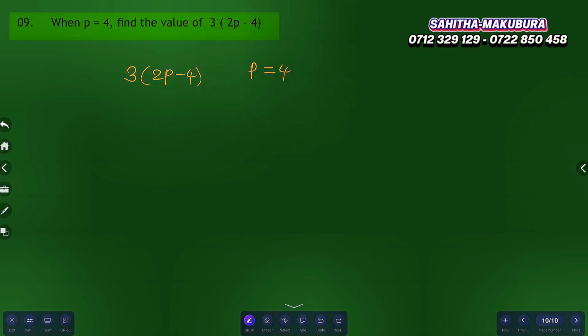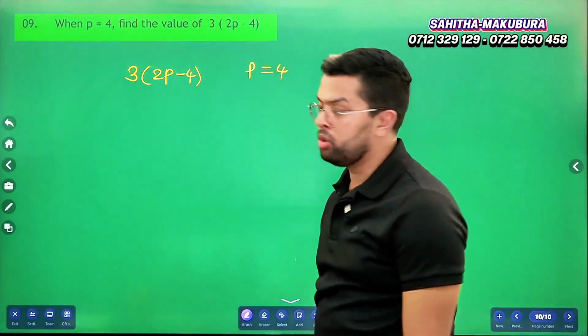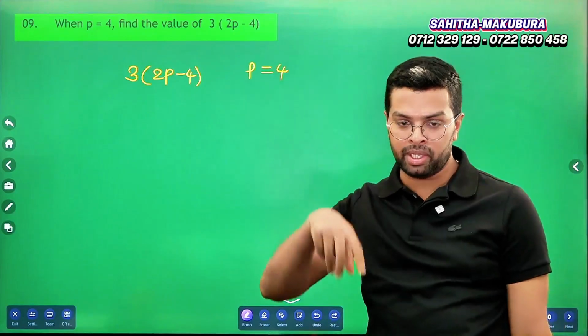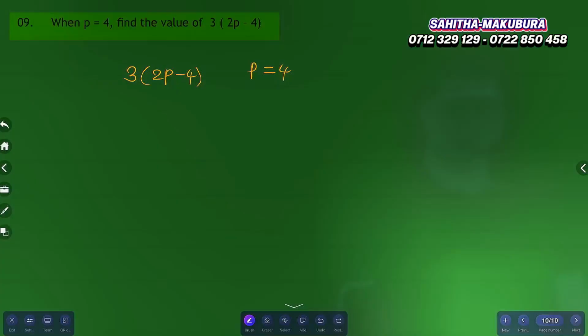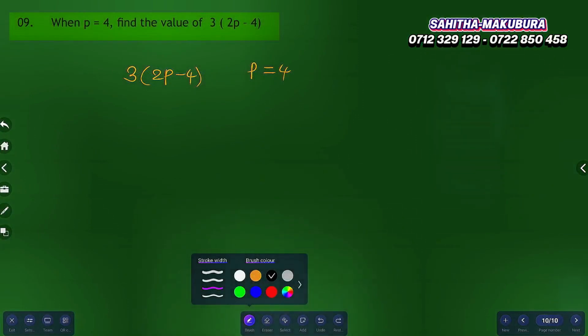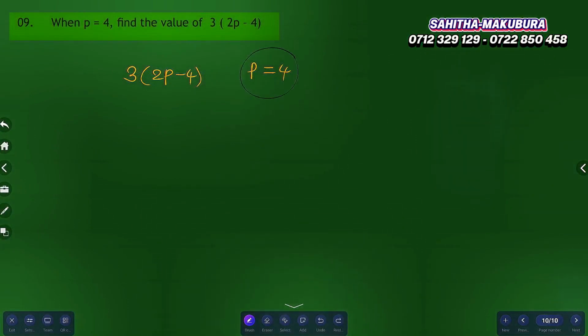Let's substitute the value of 4 into this algebraic expression and get the answer. So 3 times (2 times 4 minus 4). Let's be careful when doing these mathematical operations.